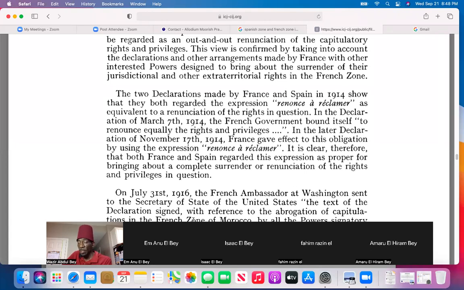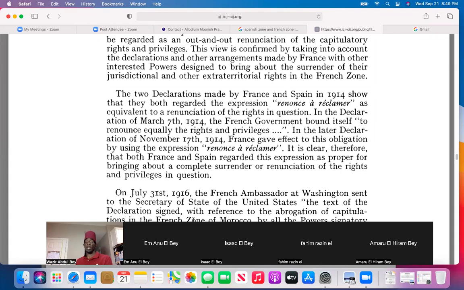In the Declaration of March 7, 1914, the French government bound itself to renounce equally the rights and privileges. In the later Declaration of November 7, 1914, France gave effect to this obligation by using the expression renoncer à réclamer. It is clear, therefore, that both France and Spain regarded this expression as proper for bringing about a complete surrender or renunciation of the rights and privileges in question.